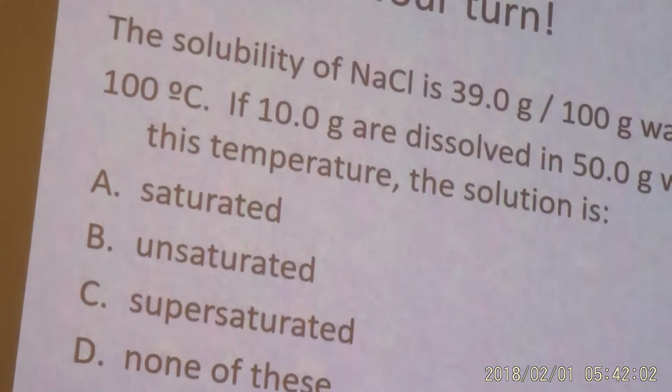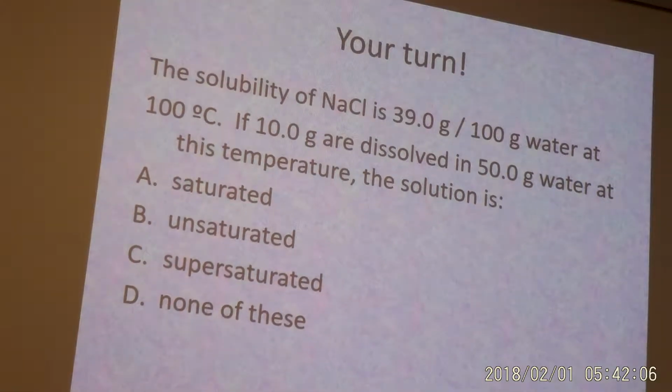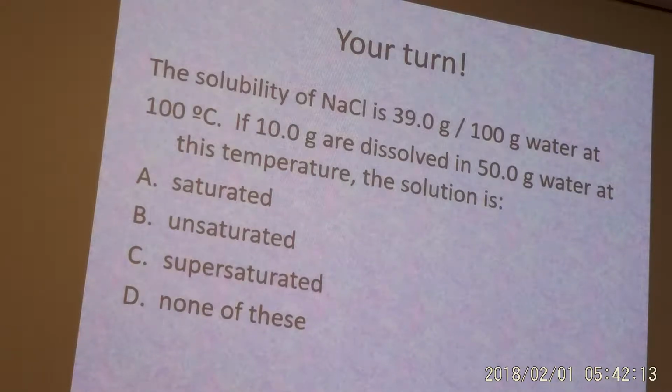So here's a question about solubility. If you know the solubility of sodium chloride is 39 grams for every 100 grams of water at 100 degrees Celsius, we want to know what the solution would be if we put 10 grams into 50 grams of water at that temperature. Alright? So with 10 grams into 50 grams of water, would it be saturated, unsaturated, supersaturated? None of them.